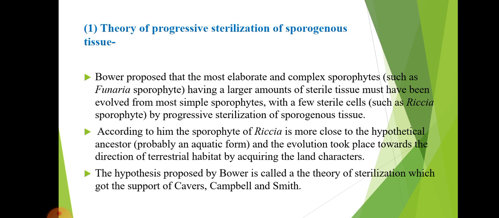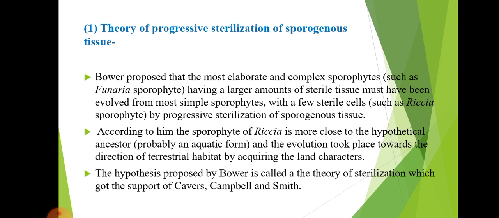According to him, the sporophyte of Riccia is closest to the hypothetical ancestor, and the evolution took place in the direction of terrestrial habitat by acquiring the land characters.